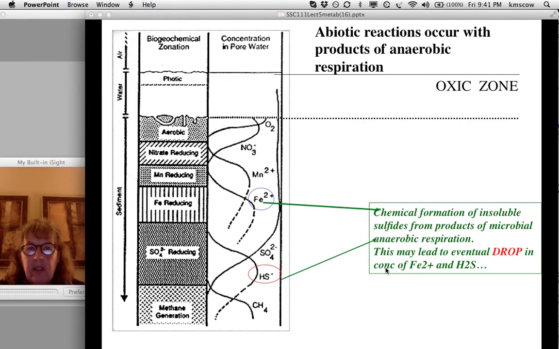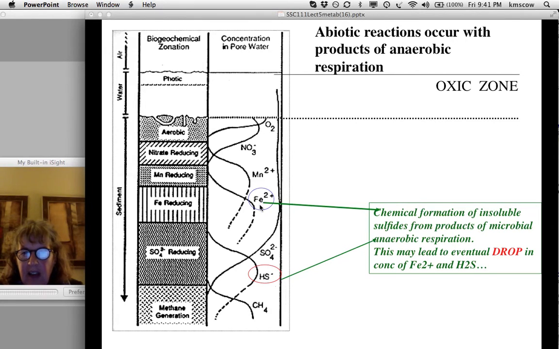Okay, here's a couple of other interesting outcomes of this flooded soil that have to do with some of the chemistry that occurs once these transformations are made in the forms of the major elements.